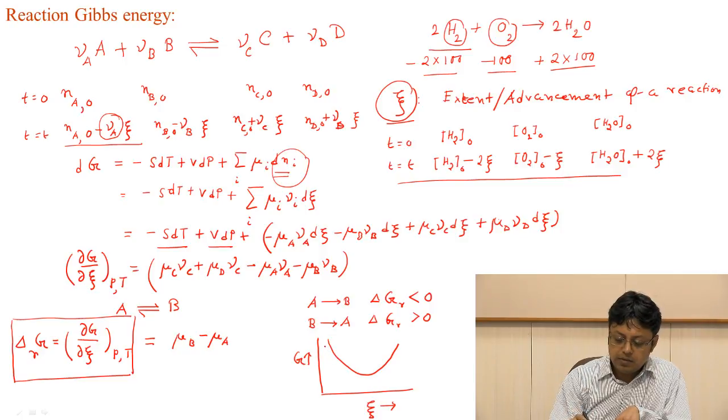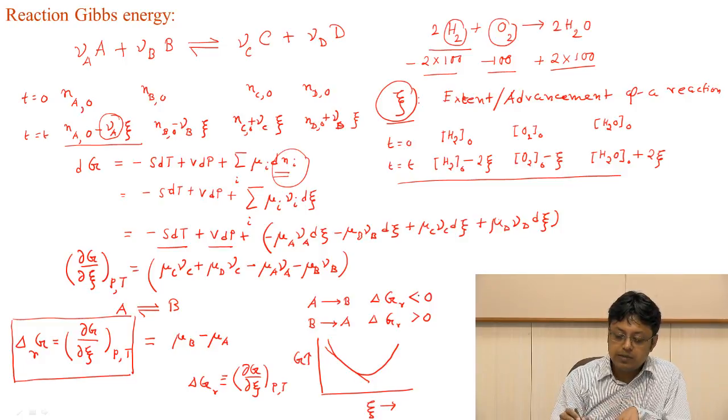For the reactant, when A is going to product, I'll have a slope which is negative. Now what is the slope of this curve? The slope of this curve is del G del xi at constant pressure and temperature, which by definition is the reaction Gibbs energy.